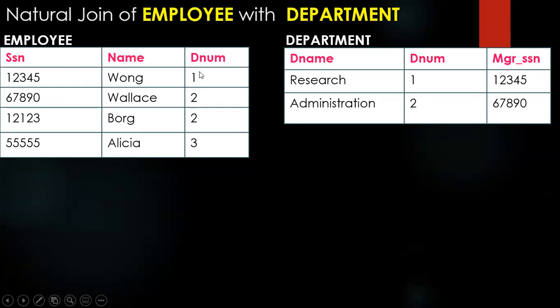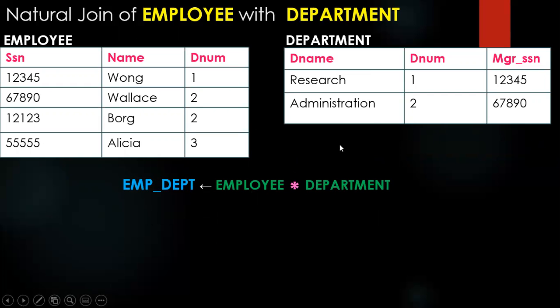So which column is identical? Yes, DNUM. So now it will automatically join these two tables by taking DNUM as the joining attribute. No need to specify explicitly DNUM equal to DNUM. Just if I write the natural join symbol asterisk, it will perform it automatically.